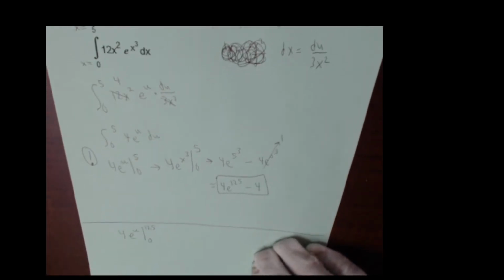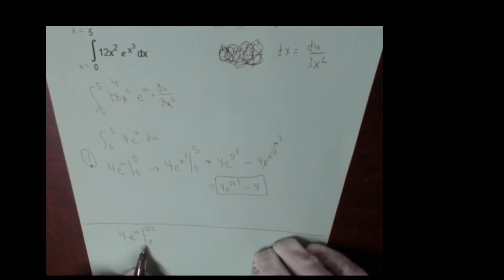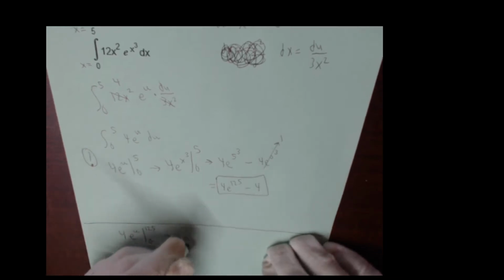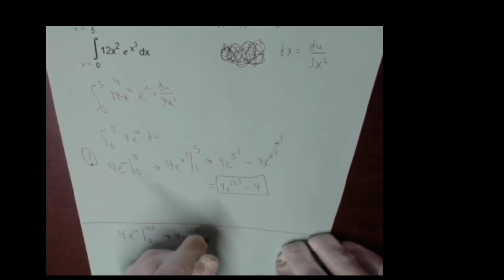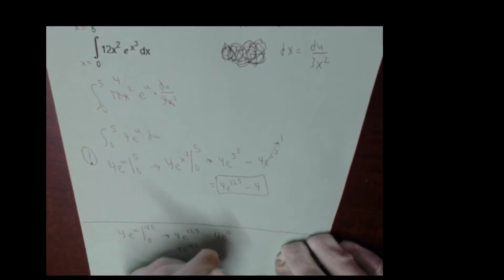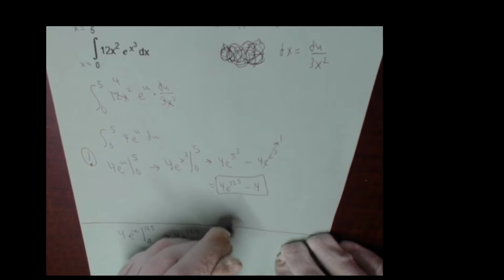And now we can just evaluate this result right here from 0 to 125. And notice that when we do that, we get 4e to the 125 minus 4e to the 0, which is 4e to the 125 minus 4. And so notice we get the same answer because that e to the 0 becomes 1.